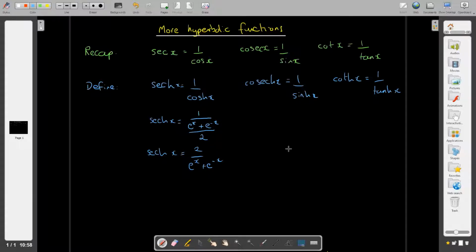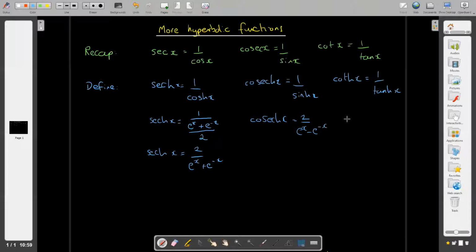Likewise, cosech x is almost the same, except we have a minus here, so there's a minus here. So cosech x equals 2 over e to the x minus e to the minus x.